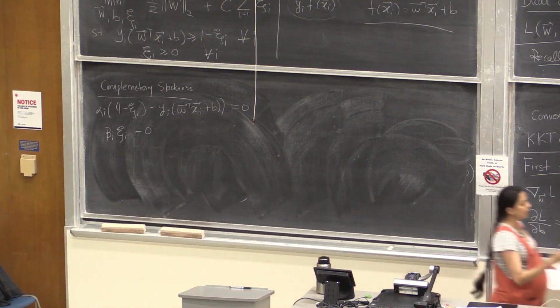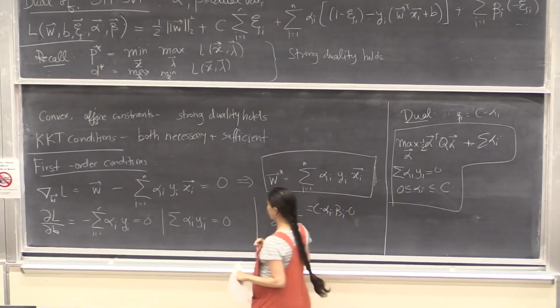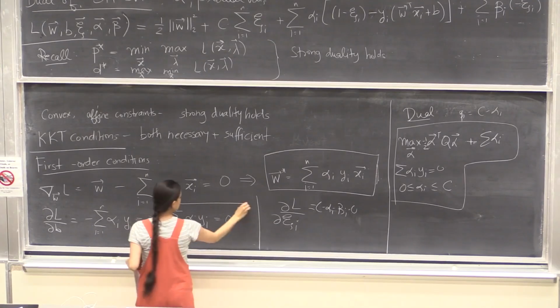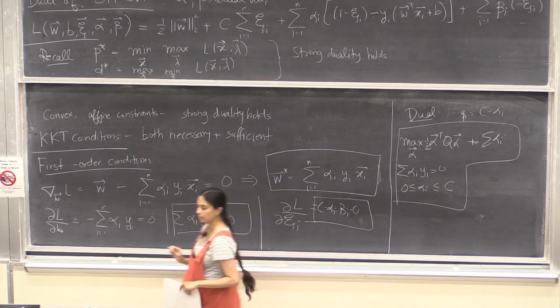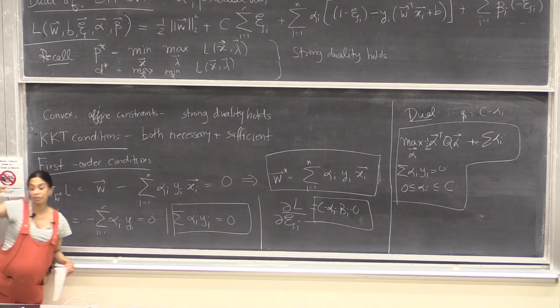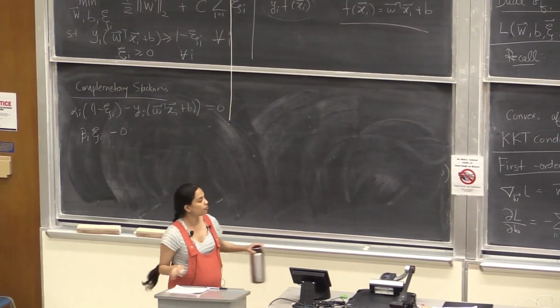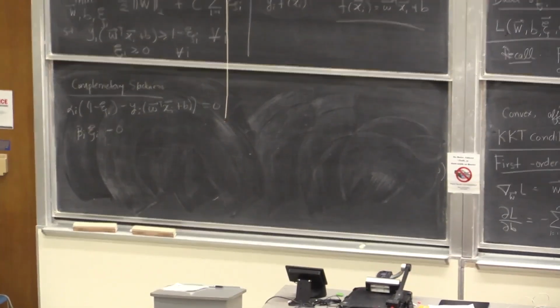And now I want to come back to this equation that we had here. I want to remember that we knew these three things as well. In particular, our motivation was figuring out which of our training data points matter. If you look at this W, it's a sum of some of these things.